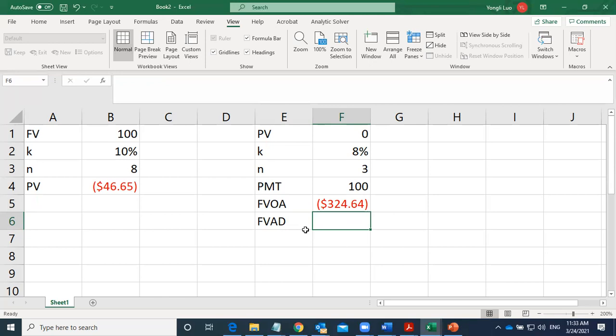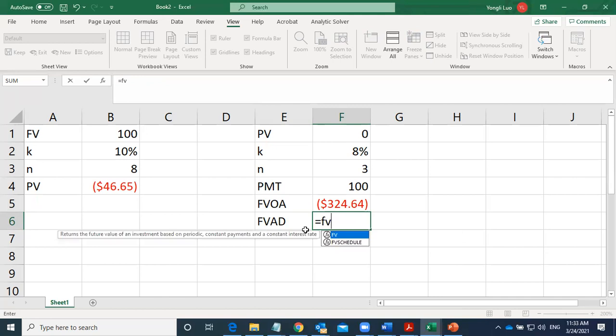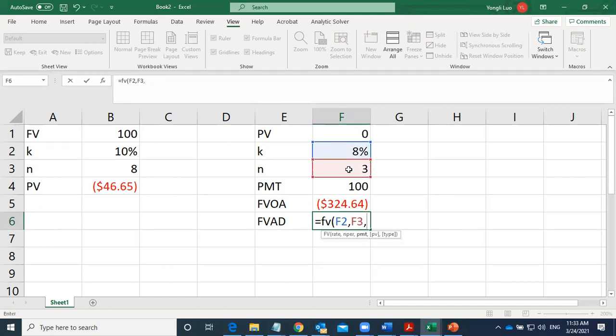The only difference is that the $100 is made at the beginning of each time period, right? This is still a future value question, so you use the future value function: rate 8%, number of periods 3, payment 100, present value 0.